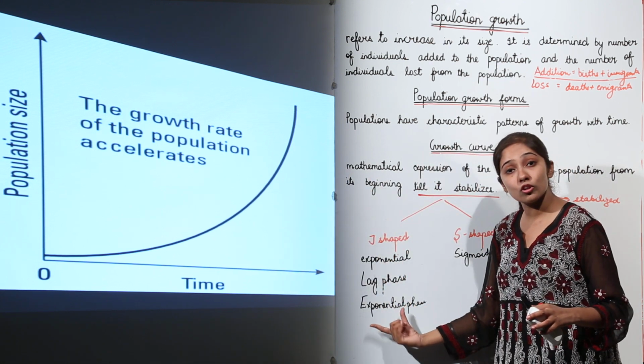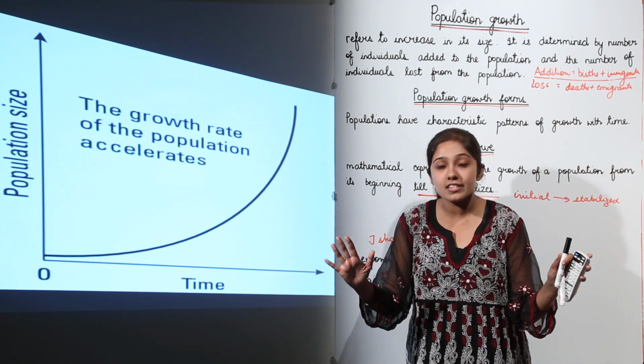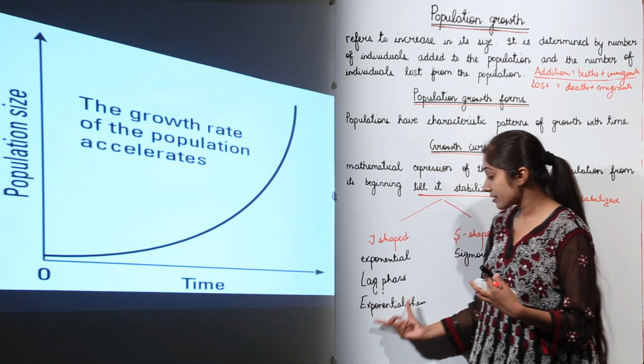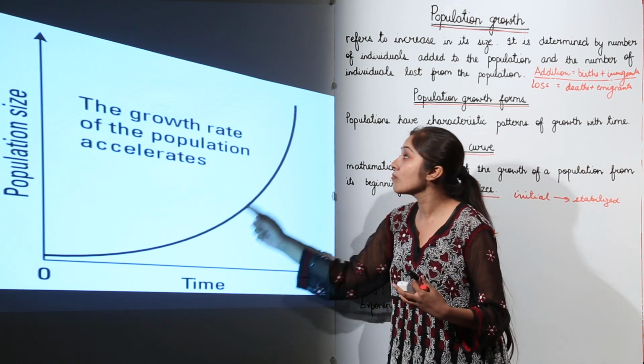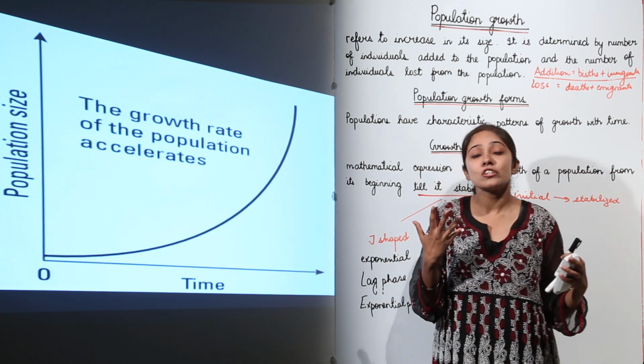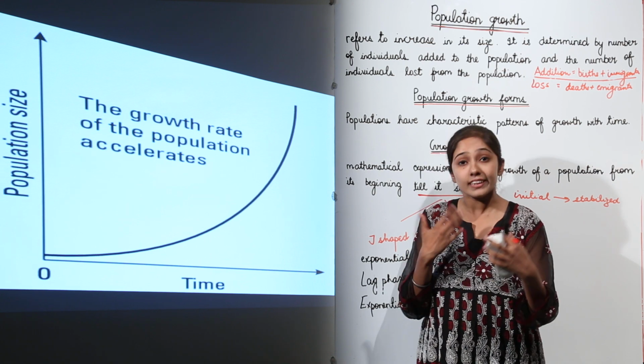Why this exponential growth phase? Because there is plenty of food, I told you, and no predators, and plenty of food means rapid growth. So this rapid growth is represented in the form of an exponential phase. The reindeer population is going to have that food, grow rapidly and multiply.